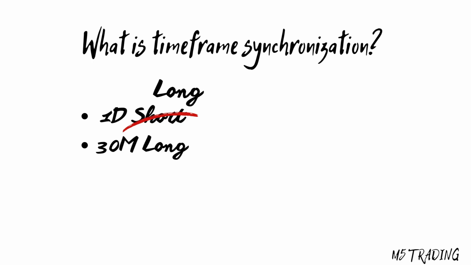What is timeframe synchronization? Timeframe synchronization is when all my timeframes are telling me the same story. For example, as I said, I use the daily timeframe and the 30-minute timeframe. So when the 30-minute timeframe is telling me that the market is going to grow, and the daily timeframe is also telling me that the market is going to grow, it means that my timeframes are in synchronization, and the probability of the trade that I will take will be higher than the probability of the trades that I would take using only the 30-minute timeframe.